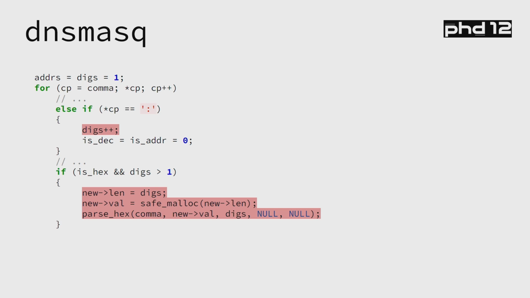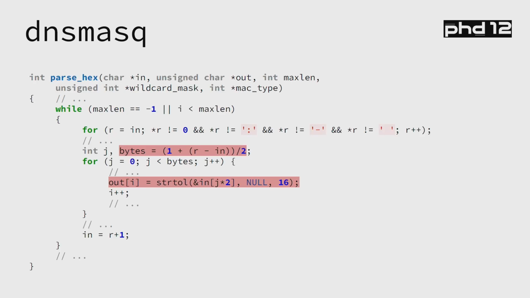Well, because the option can be a MAC address, for example, and it tries to keep MAC addresses as a bunch of bytes in memory. That requires parsing hexes separated with commas. I'm sorry, with colons. So it calculates the number of colons, then it allocates as much memory plus 1, and then it parses hexes there using the parse hex function.